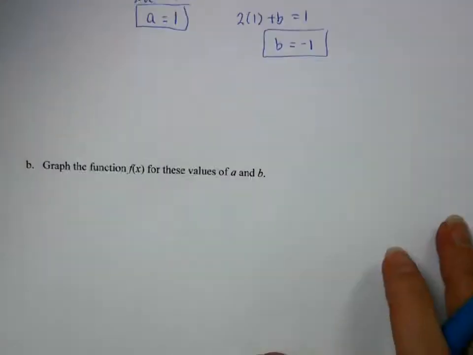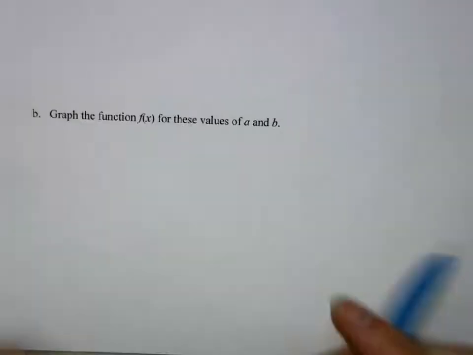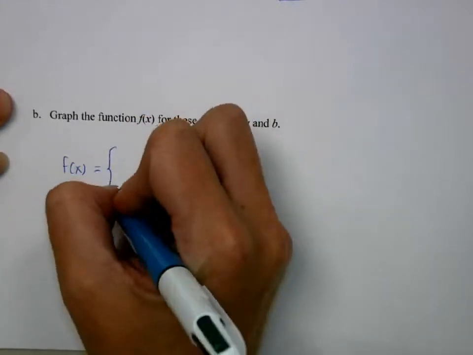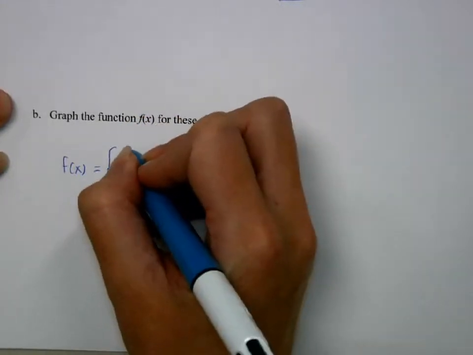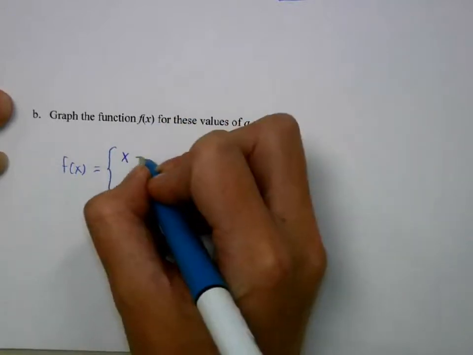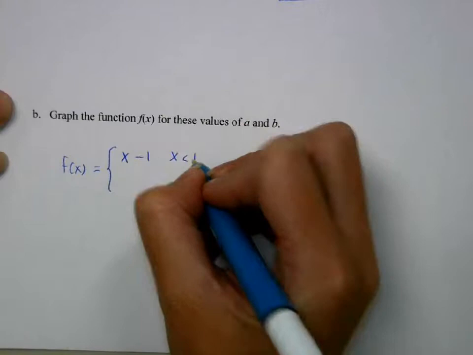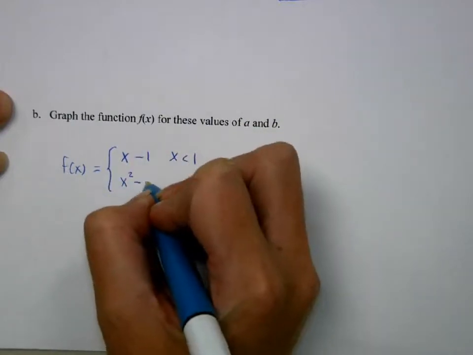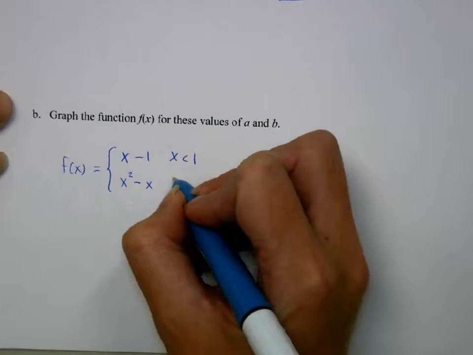So if I fill in those constants that we just got, my new function is going to be ax, which is 1x, plus b, which is negative 1. And then x squared minus ax, which is just 1 again, when x is greater than or equal to 1.